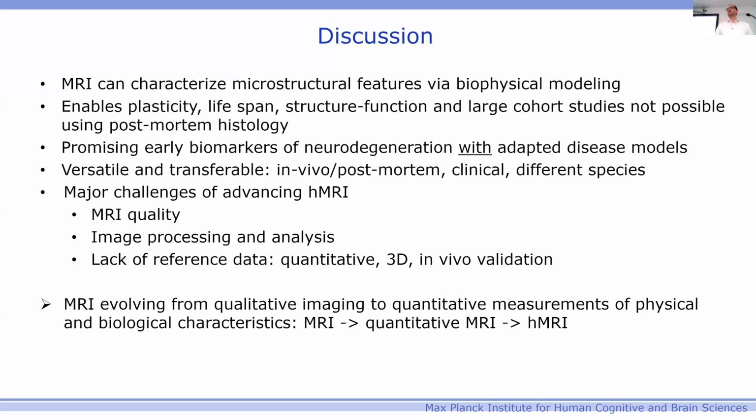But I think it's a really exciting time, because we can now make a transition from MRI, which is a qualitative imaging technique, to a quantitative one, and then even to a biologically quantitative and relevant technique. I think this is a hugely important step forward, because then we can finally connect much better to other measurement techniques and talk to other disciplines better.